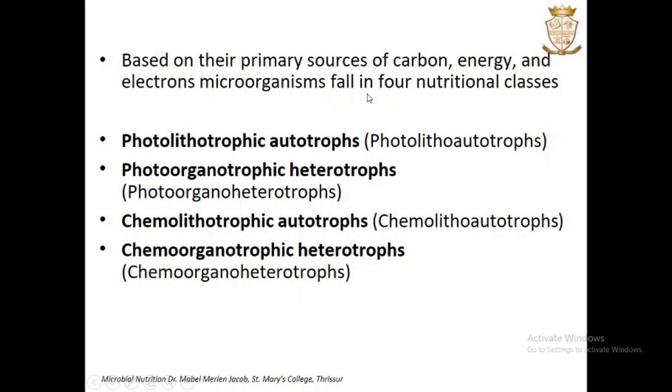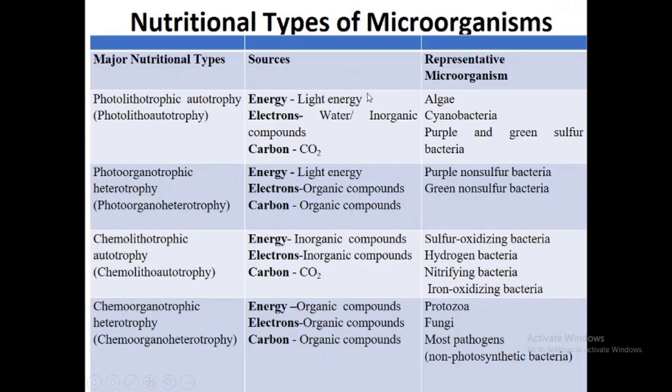They are photolithotrophic autotrophs or photolithoautotrophs, photoorganotrophic heterotrophs or photoorganoheterotrophs, chemolithotrophic autotrophs or chemolithoautotrophs, chemoorganotrophic heterotrophs or chemoorganoheterotrophs.